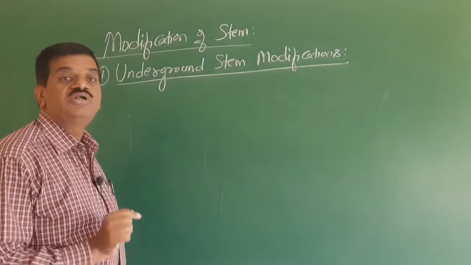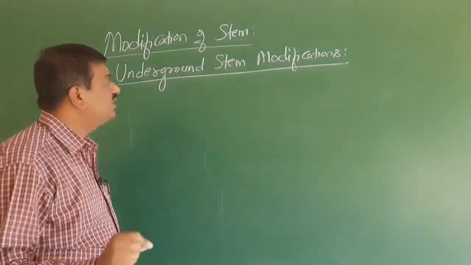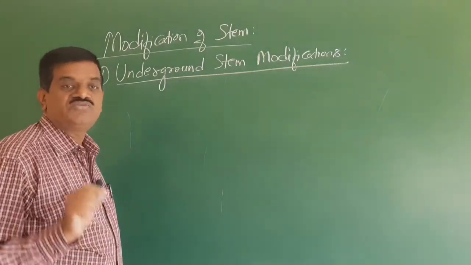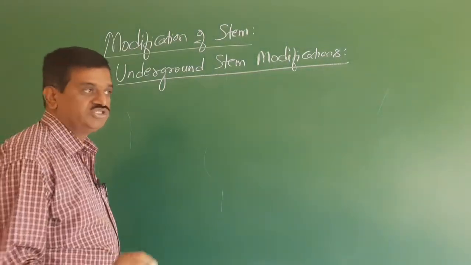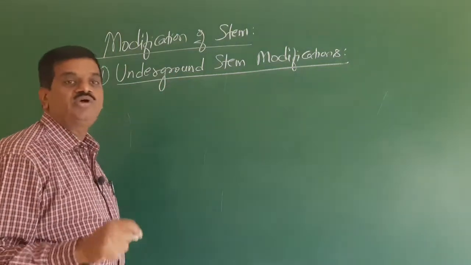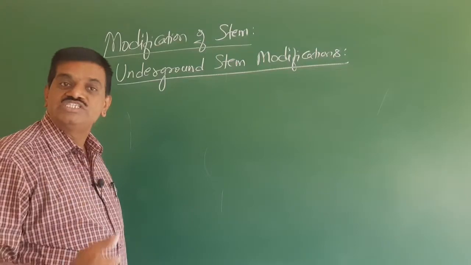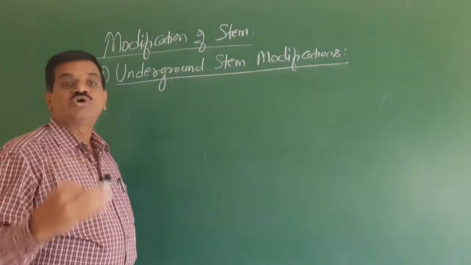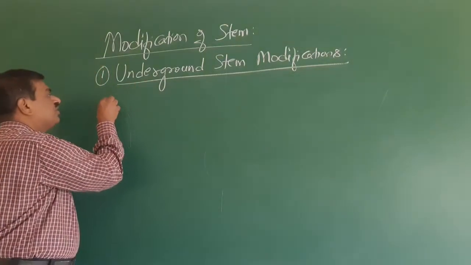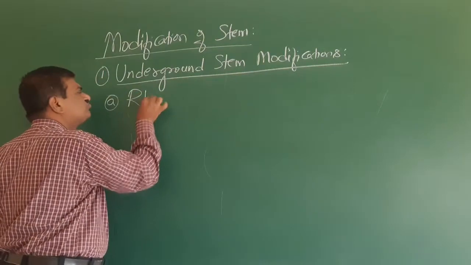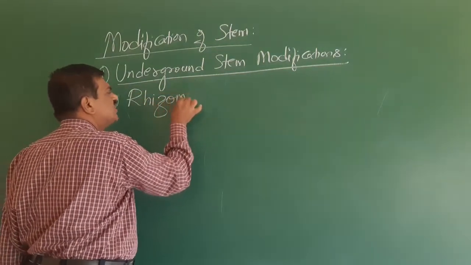Still we use the word stem because it has the presence of nodes and internodes. Because of the presence of nodes and internodes, even when it is below the ground, we use the word stem. Now, what are the underground stem modifications? We will see one after the other. The first one is called rhizome.